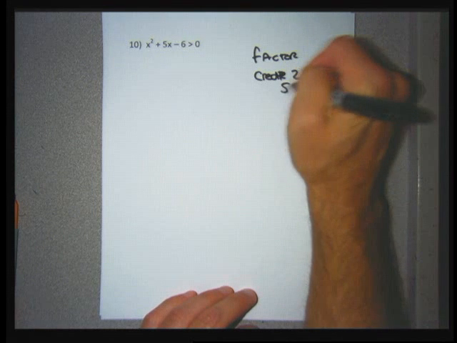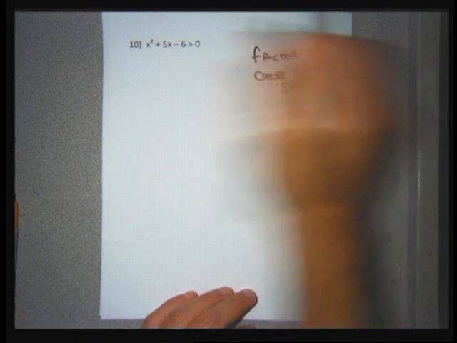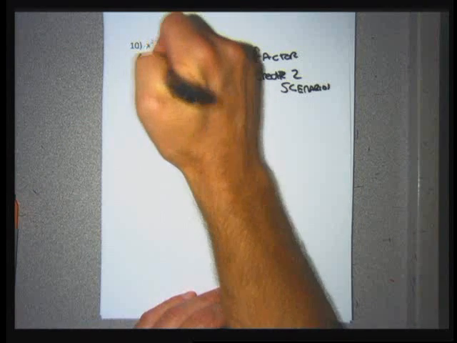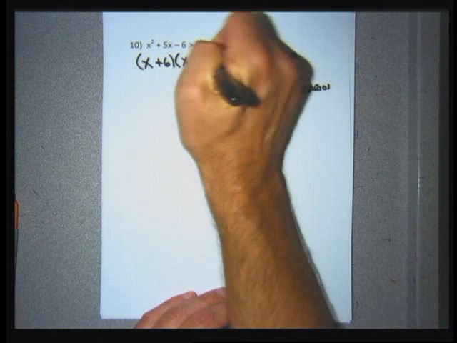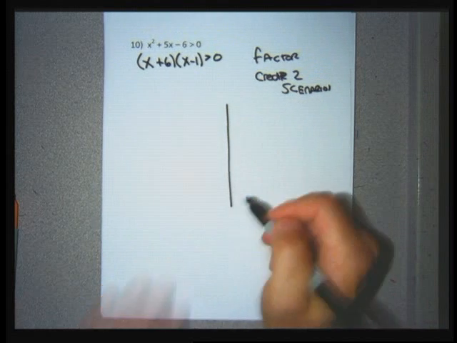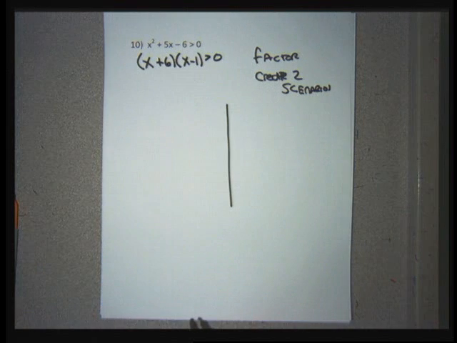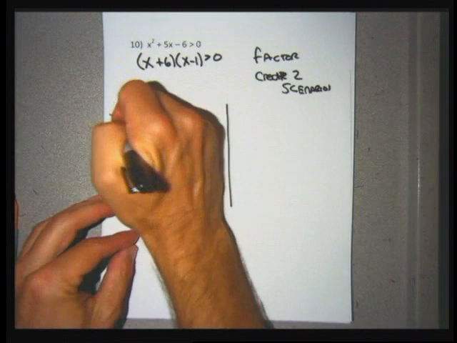The scenarios need to have both positive or both negatives, because to multiply two factors and get something greater than 0, I have to have both with the same sign, either both negative or both positive. So when I create my scenarios in problem 10, after I factored and got x plus 6 times x minus 1 is greater than 0, my scenarios are going to be this.